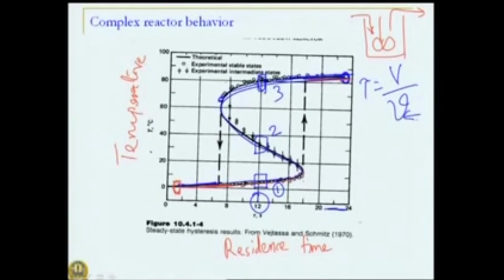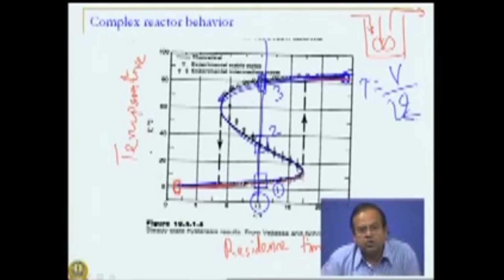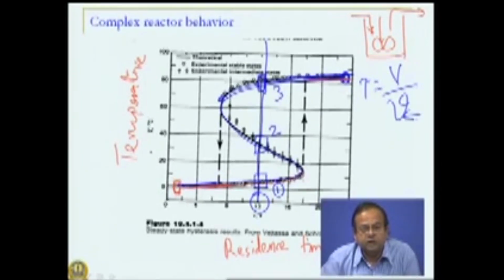That is, all I am doing is just drawing a straight line, and these are the 3 possible temperatures that I could get. So, 3 different steady state temperature values for the same residence time, or in other words, we have what we call multiplicity of steady states.